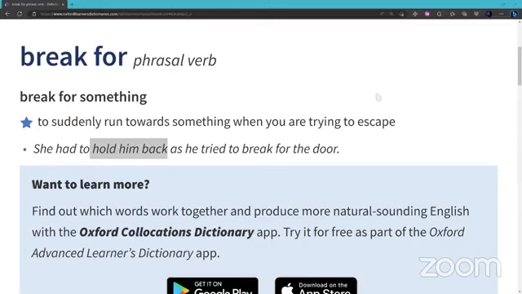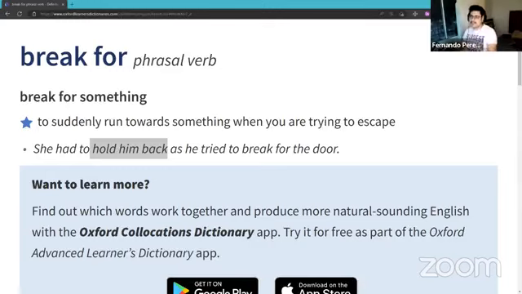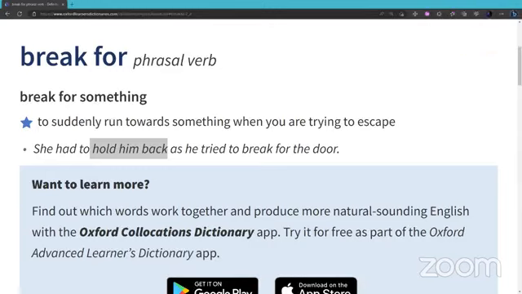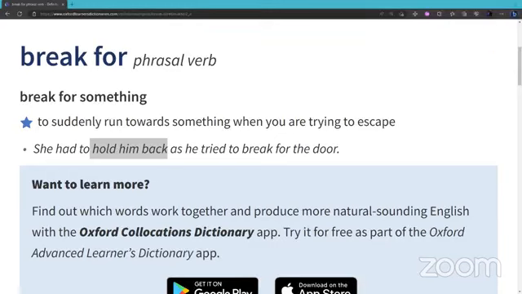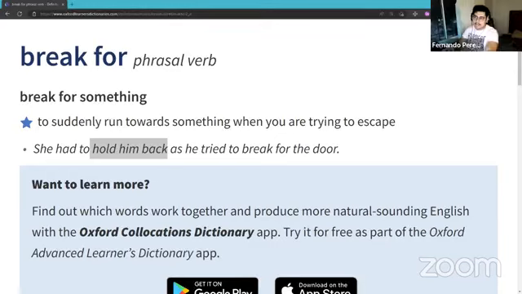That's the reason the word "suddenly" is very, very important here. I think that with "suddenly" it sounds more dramatic, more emphasized, like he's trying to escape. Precisely because of that. If you don't add "suddenly," I don't understand that he's trying to escape.